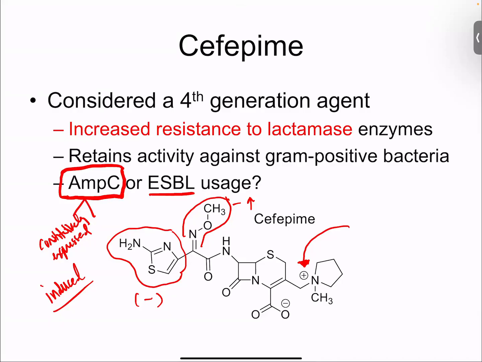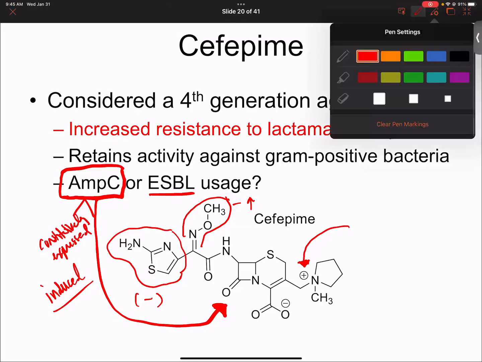AmpC producers have been successfully treated with cefepime, provided you give an adequate dose. All right, so that's where the susceptible dose-dependent disclaimer comes in from the lab. All right, maximum dose of cefepime. Why might that be?